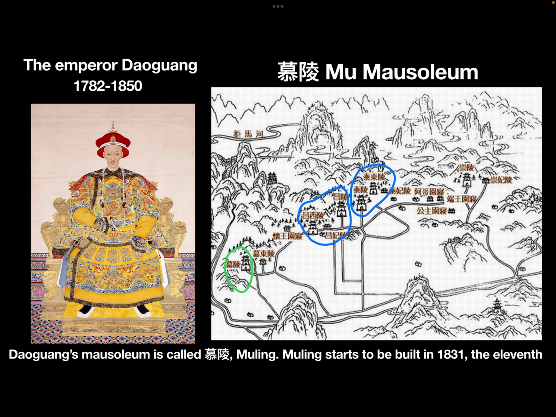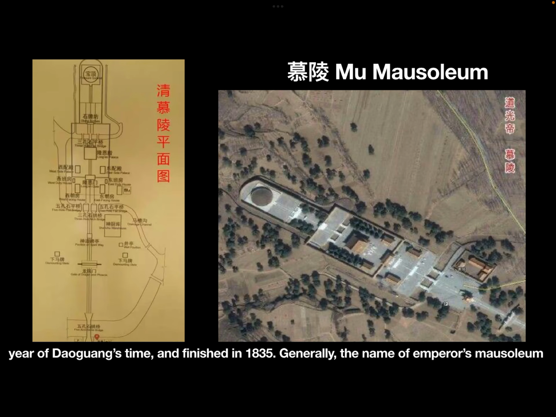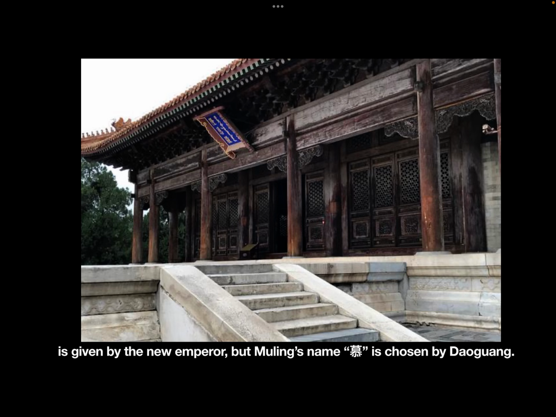Daoguang's mausoleum is called Muling. Muling starts to be built in 1831, the 11th year of Daoguang's time, and is finished in 1835. Generally, the name of an emperor's mausoleum is given by the new emperor, but Muling's name Mu was chosen by Daoguang.